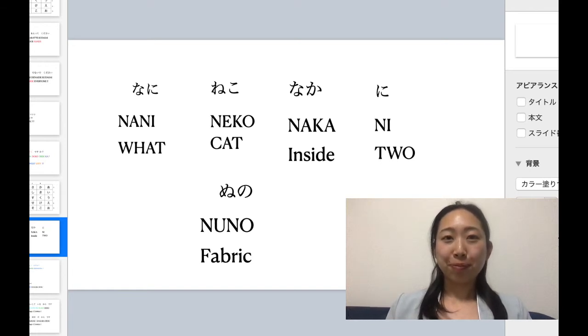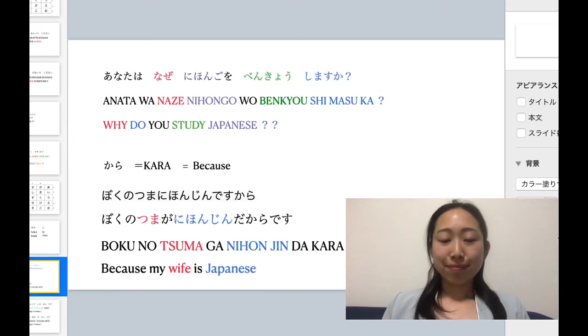Okay, and then we learned about naze words.